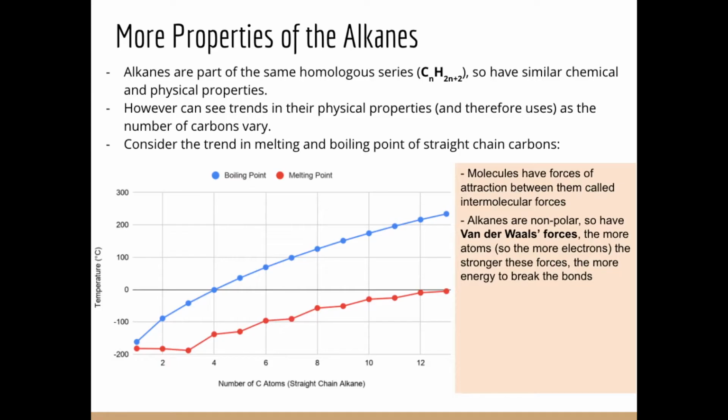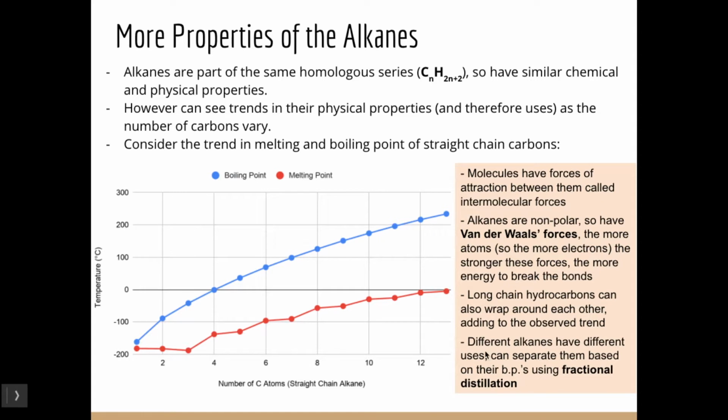So in non-polar molecules, temporary fluctuations give a temporary dipole, which is a van der Waals force of interaction. The more electrons, the more we have these forces, and therefore the more energy it takes to break them. Thus we see these trends in the boiling and melting points. The longer hydrocarbons can also wrap around each other, adding to the observed trends. If you imagine spaghetti, as it gets longer, it can wrap around more, and that can require more energy to break apart.